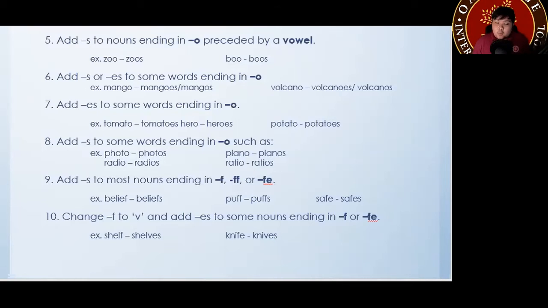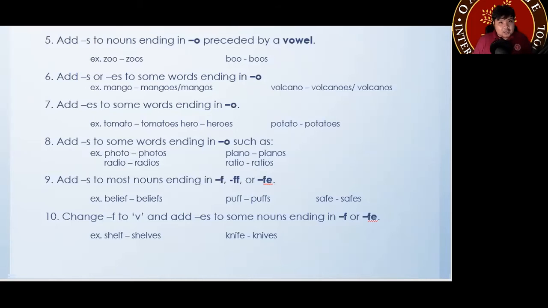But one easy way for you guys to know which are the words that you have to add S or ES would be to consume the English language or immerse yourself in the English language. How are you going to do that? You either read books, right? Reading books is very important, guys, especially in learning English, okay?